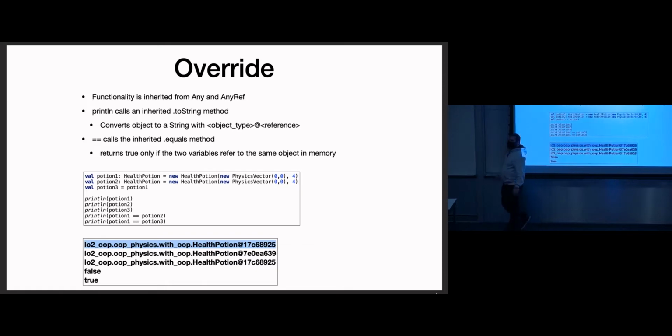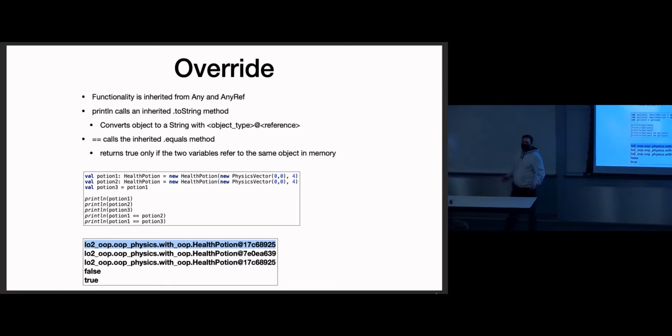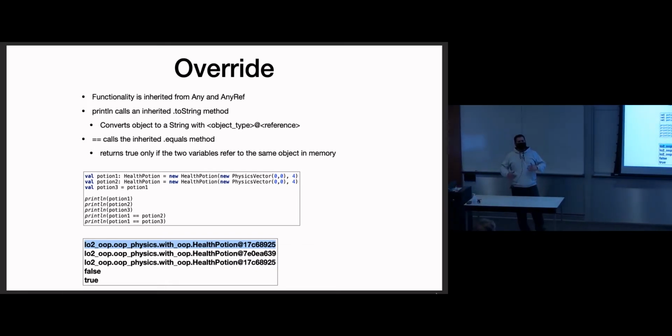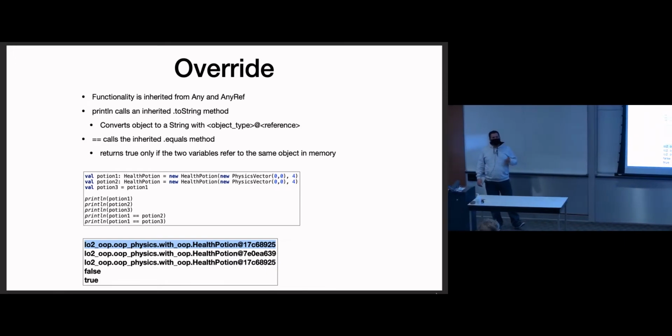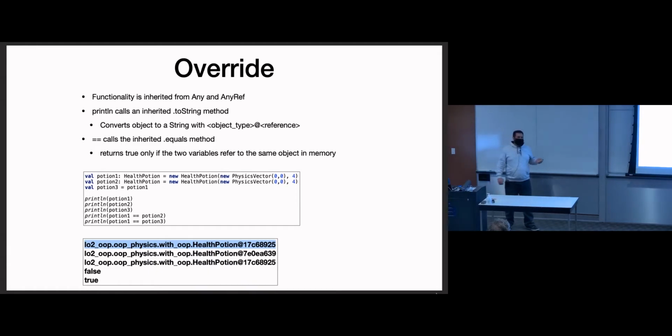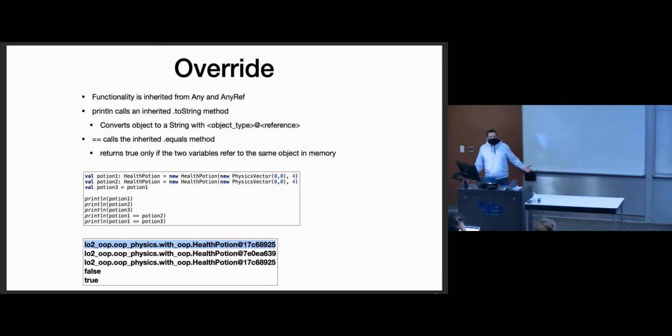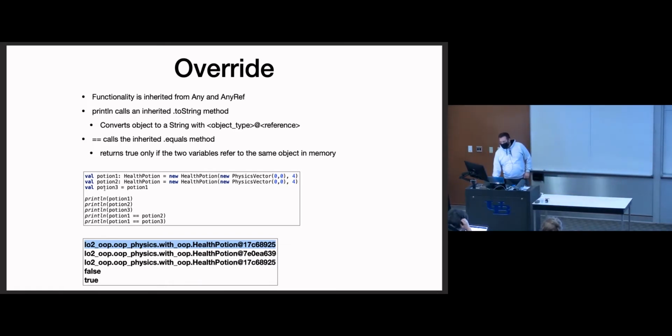That garbage, we can think of as a reference. It's related to the reference. It's some JVM abstraction. But we can think of that as the reference, where this thing is located in memory. Usually not what we're worried about when we're programming. But that's the default println. Println just prints out a potion. That's what we're going to get.